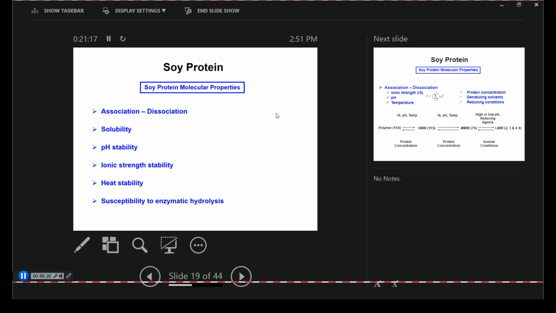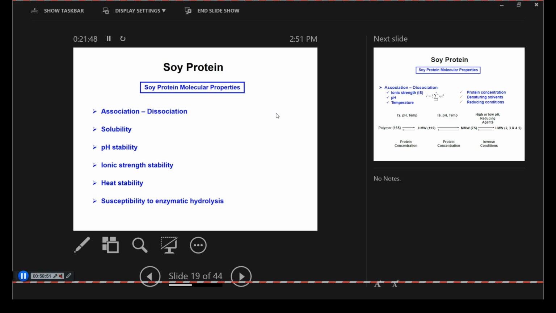And these conditions, therefore, will impact whether the protein is going to gel under certain conditions or is going to be more soluble than under another set of conditions. We'll talk about general solubility of the protein, the impact of pH, ionic strength, which is a big one for soy, and then heat stability and susceptibility to enzyme hydrolysis.